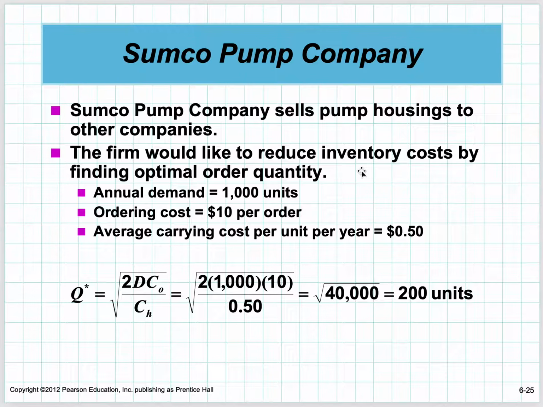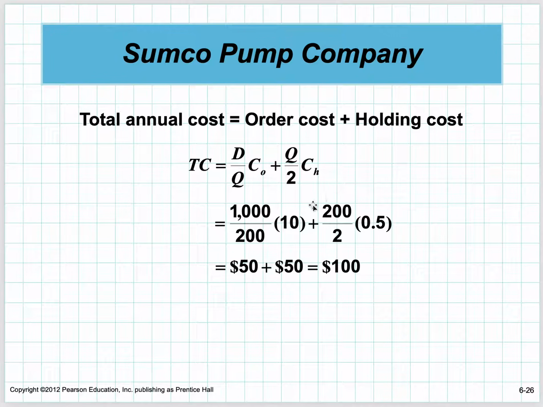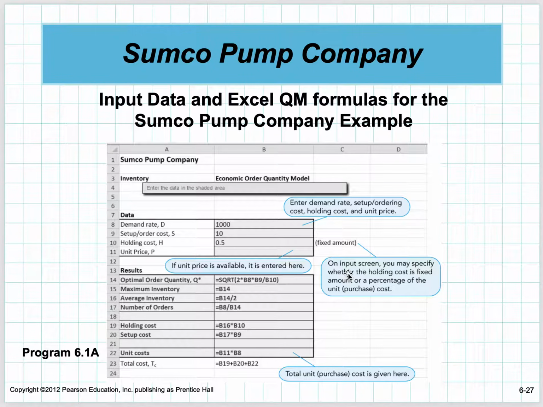If you just plug the numbers into the equation, the demand is 1,000, the ordering cost is 10, and 50 cents for the holding cost comes out to the square root of 40,000, or 200 units. If I calculate my ordering cost and holding cost, it comes out to 50 plus 50 equals 100. Very naive and simple model, of course.